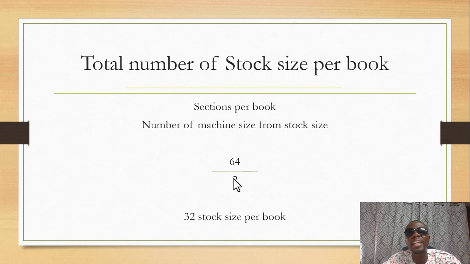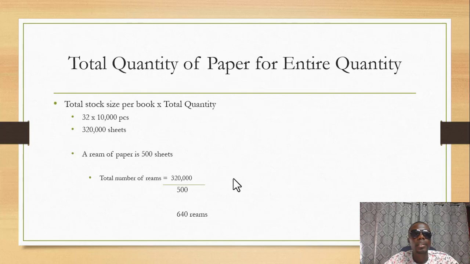So how many of the stock size do we need to print the entire 10,000 copies? We have 32 stock size per book, and we are printing 10,000 pieces.